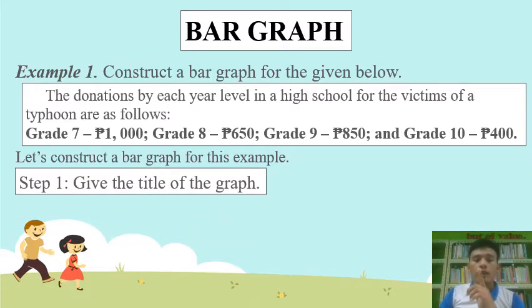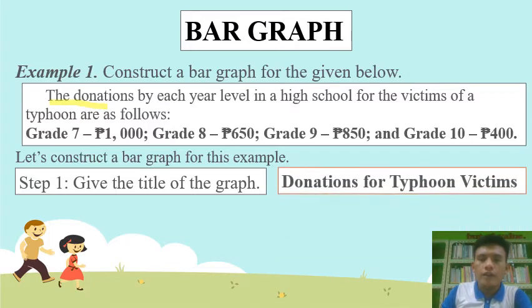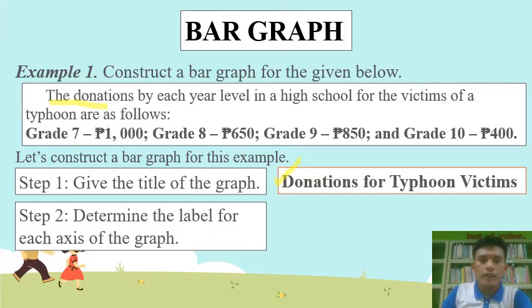First, we need to give the title of the graph. As you can see in the problem, we're talking about donations. So the title is Donations for Typhoon Victims. Then we need to determine the label for each axis of the graph.